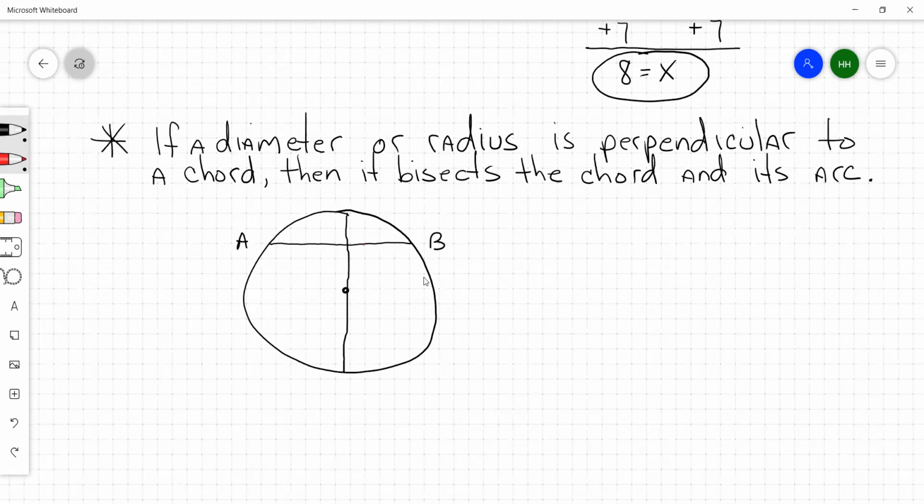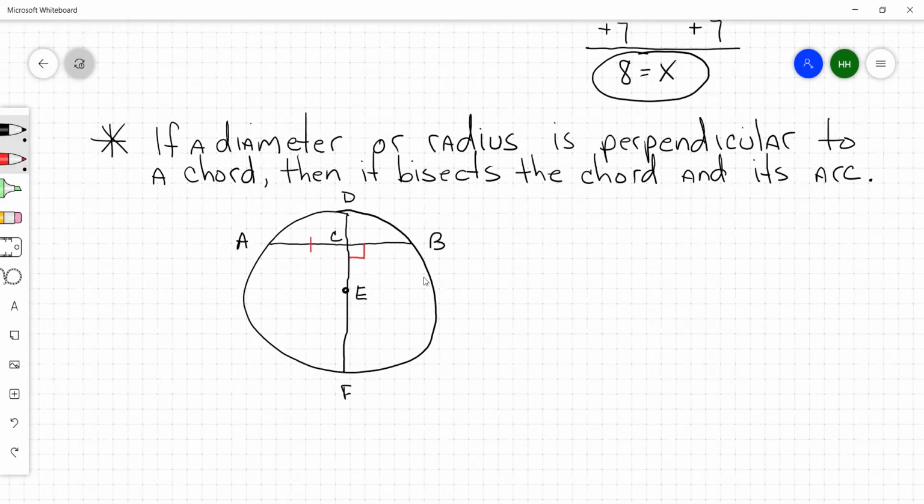So here's perpendicular to a chord. It intersects the chord at 90 degrees. So now you've got a radius or diameter perpendicular to a chord. It bisects the chord. So let's make this point C in here and point D and E. Here's what's true.